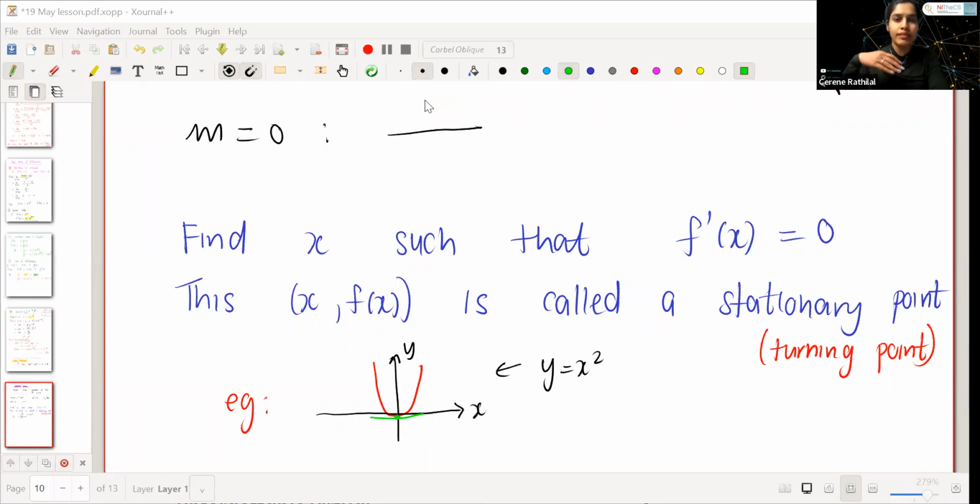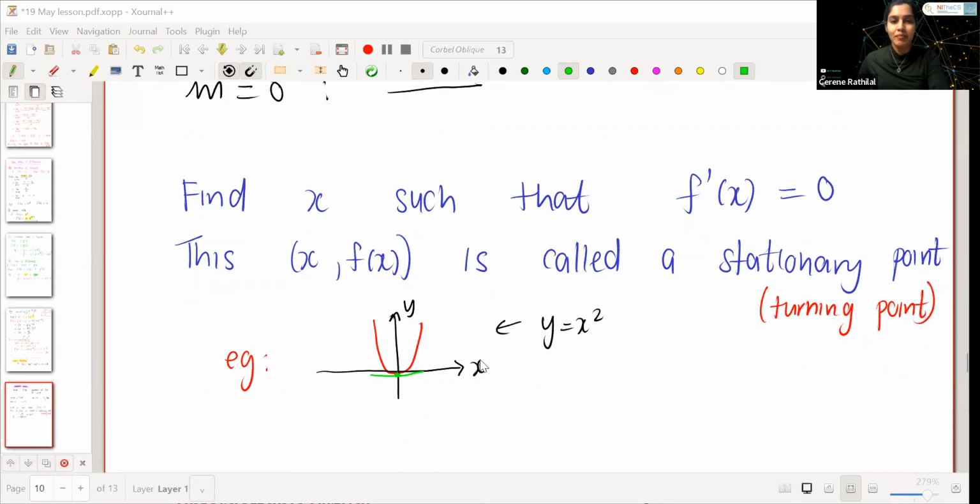So far, is everybody understanding this concept of a stationary point? Right, so I've just given you an example that a stationary point is a turning point on the parabola. Okay, because at that point we see that the gradient is 0, because a stationary point is characterized by the gradient being 0. Okay, so that's one thing for us to note.